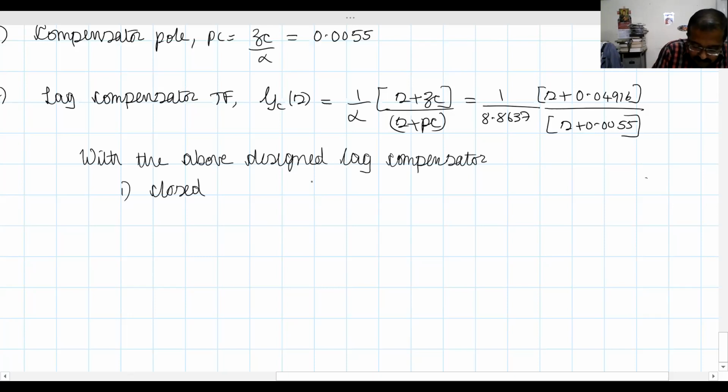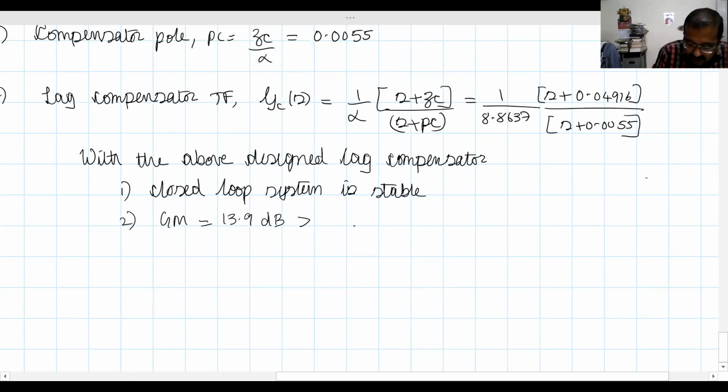Then if you measure the gain margin, it will be 13.9 decibels, which is greater than 10 dB. That was one requirement. And how much is the phase margin? Phase margin will be 44.8 degrees, which is greater than 40 degrees. That was another requirement.